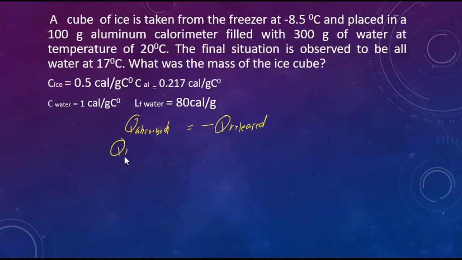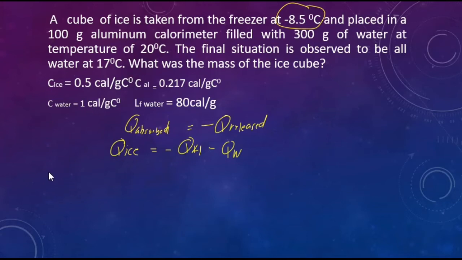So that's Q for the ice, equal to the negative of what will release heat, which would be the aluminum and also water. But this time, the ice is not yet at its melting point. So from the initial negative 8.5, it has to rise to 0, and then from 0 it will melt, and then from 0 to 17 degrees Celsius.